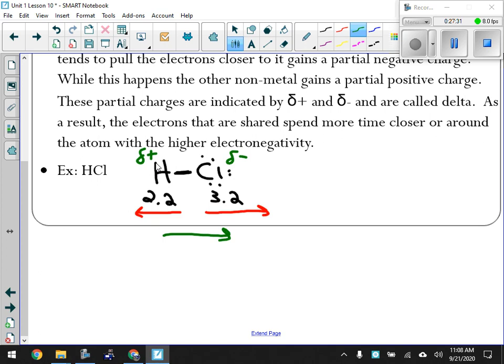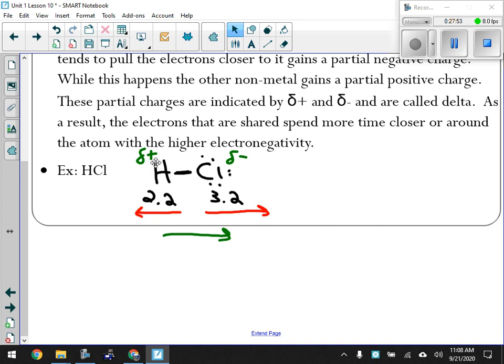That's kind of what's happening here. I'm sharing, but they still share electrons. It's just that they're not sharing them very equally. More electrons are going to spend more time around the chlorine atom, which gives it a little bit of a negative charge.